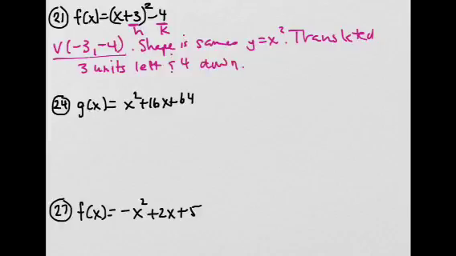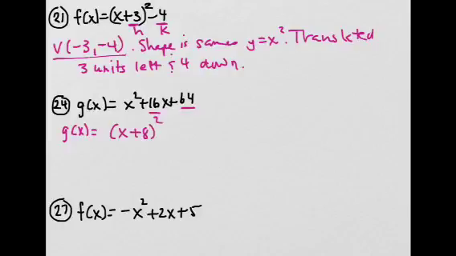Now number 24, I could use negative b over 2a, but what I notice right off is that this is a square number, and it's 8 squared, and 8 is half of 16. So then I recognize this as g of x equals x plus 8 squared.